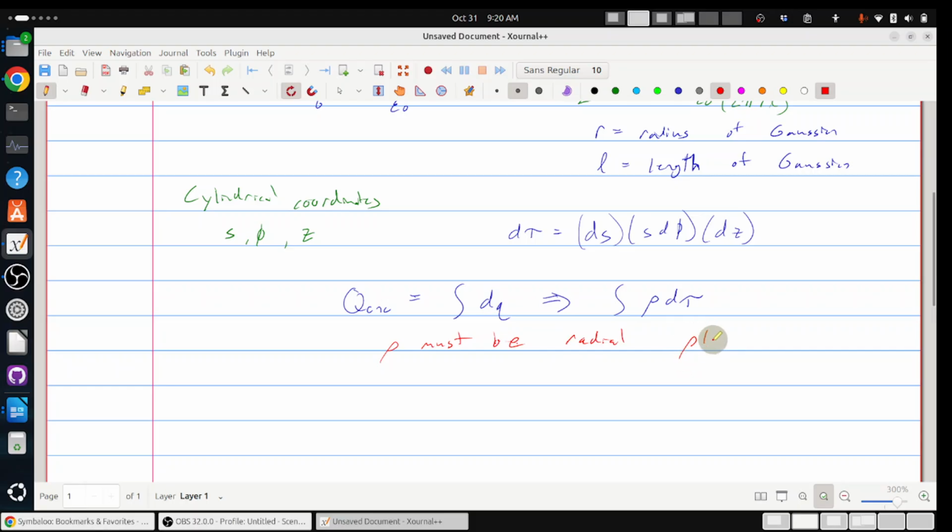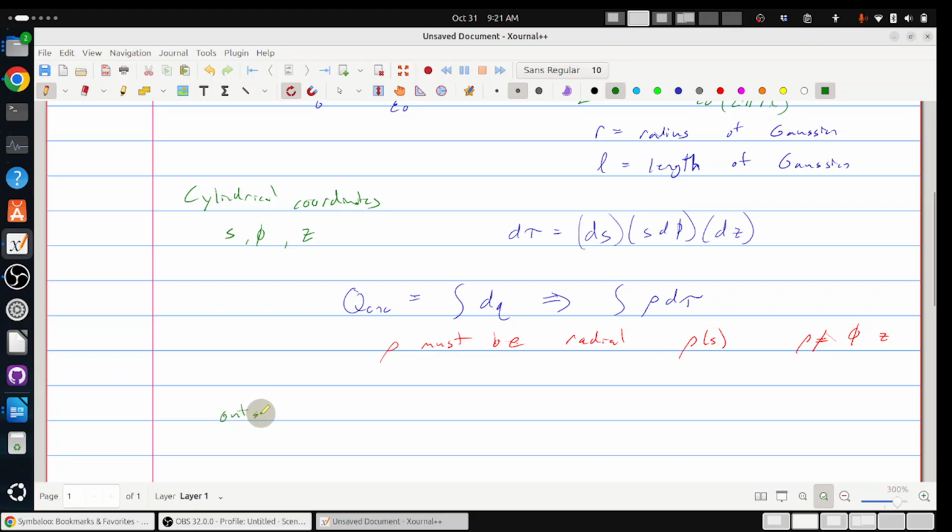In other words, rho can depend on s, but rho does not depend on phi or z. So again, we have to think about our limits of integration here.